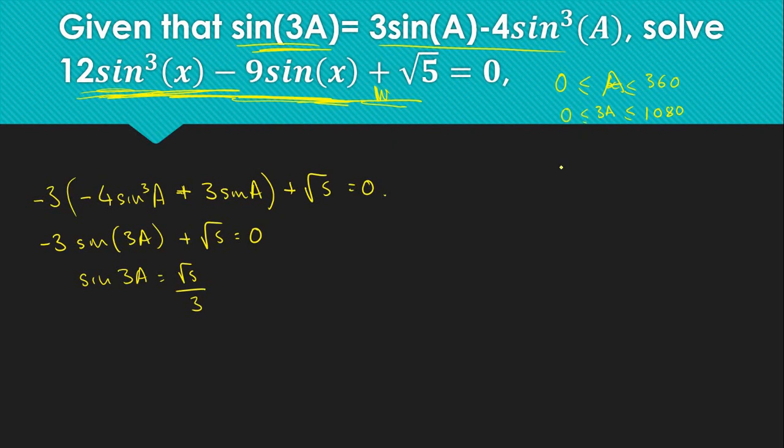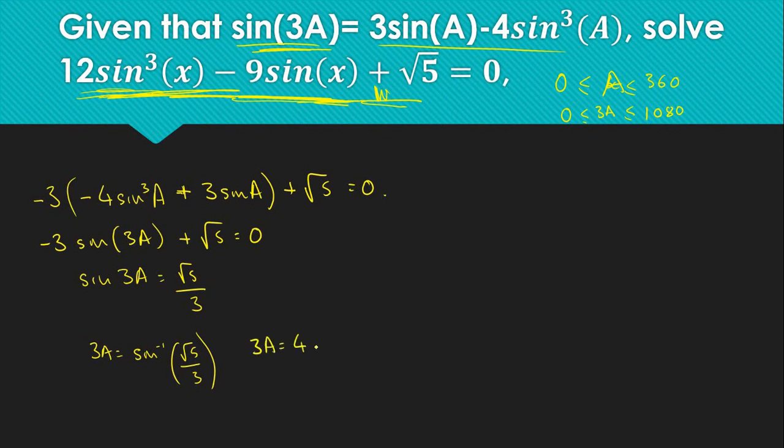So what we're going to do is use sine to the -1 on this chunk here. So we'll have 3a equals sine to the -1 of √5 over 3, which is going to be sine to the -1 of √5 divided by 3. Close the brackets. Comes out as 48.19.